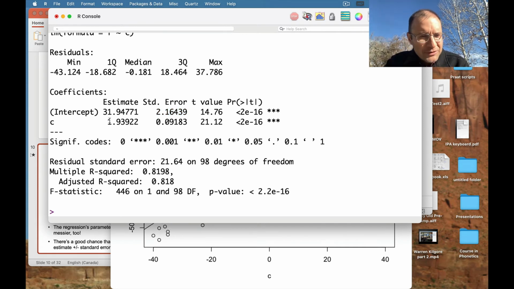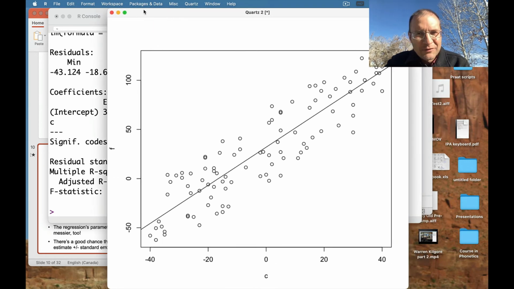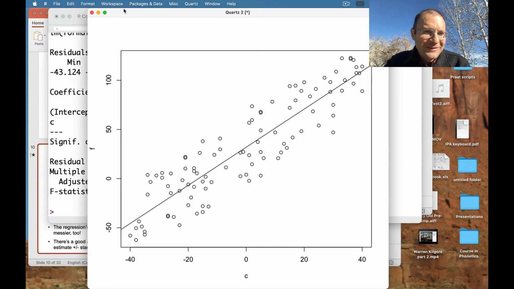If you remember, we're doing our confidence interval calculations. Here we have a slope estimate of 1.939. You can subtract 0.09 from that, and you wind up with 1.84 something, so that's going to miss the actual slope value. You can see it looks like a slightly shallower slope here, just because we've added noise. So we're not going to get a perfect analysis anymore because we don't have a perfect fit.